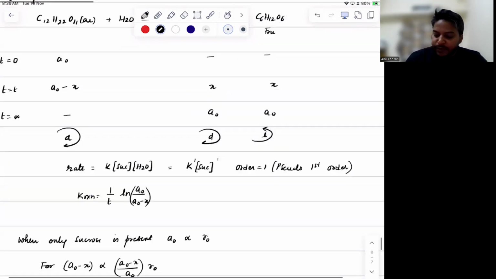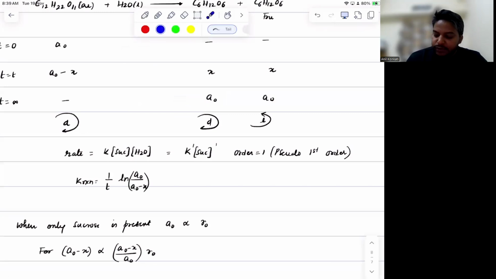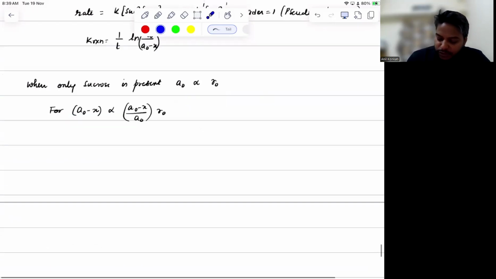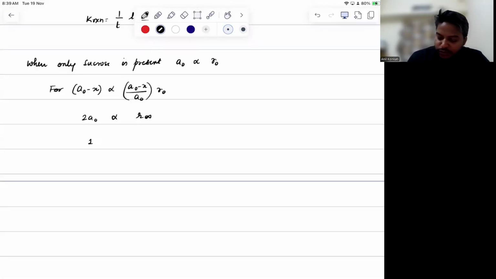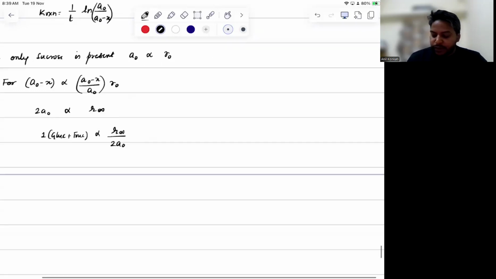At infinite time, you will see the rotation is because of 2 A naught, glucose and fructose together. So 2 A naught is giving R infinity. So for 1 mole of glucose plus fructose, the rotation is R infinity by 2 A naught.